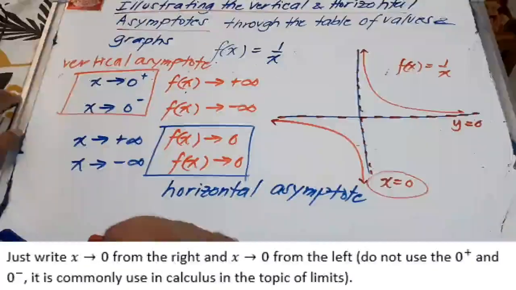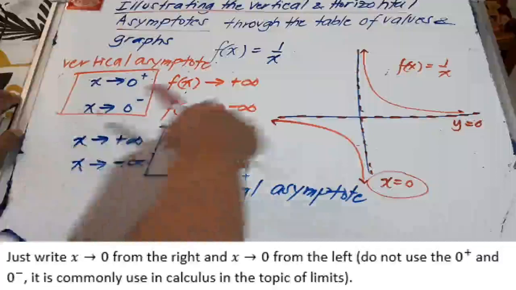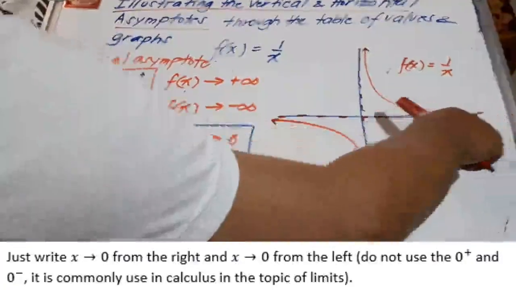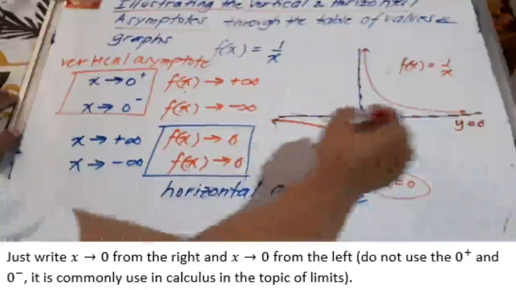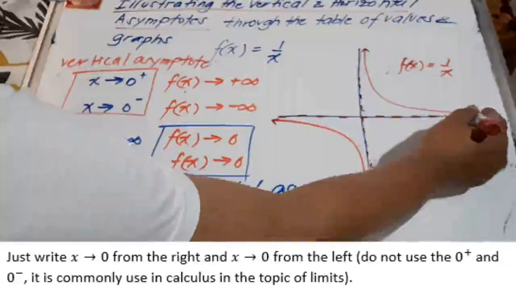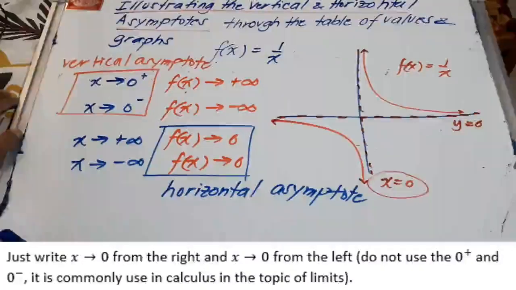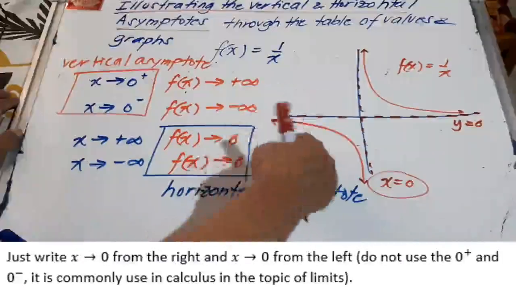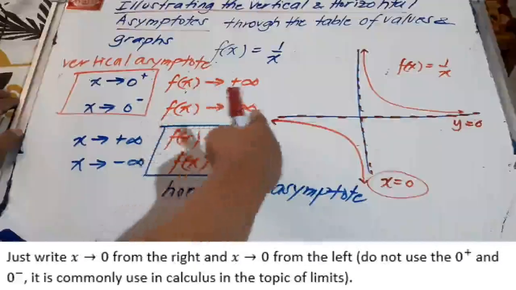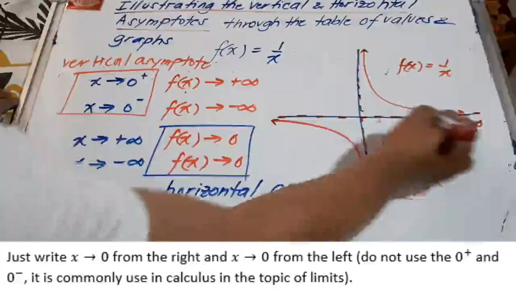Okay? At yung isa naman, as x approaches positive infinity, palaki ng palaki yung value na x, papansin natin, papalapit ng palapit yung f of x sa 0. Isa pa, as x approaches negative infinity, yung ating f of x, papalapit din ng palapit sa 0. Pero hindi siya didikit doon.